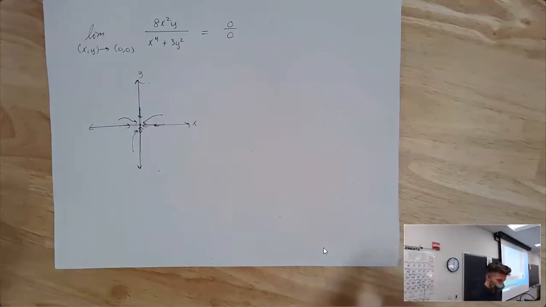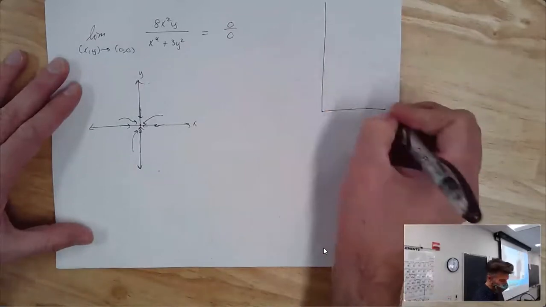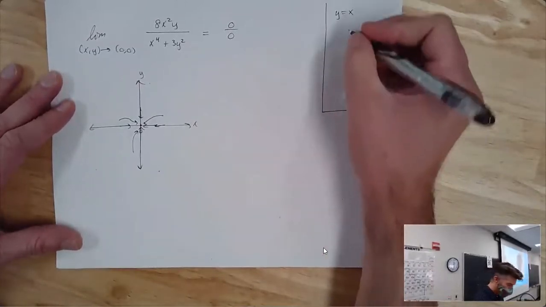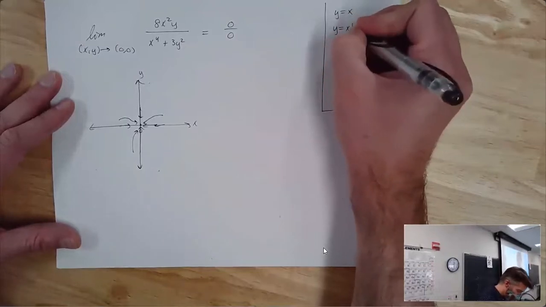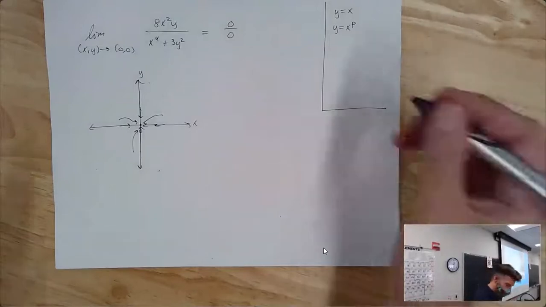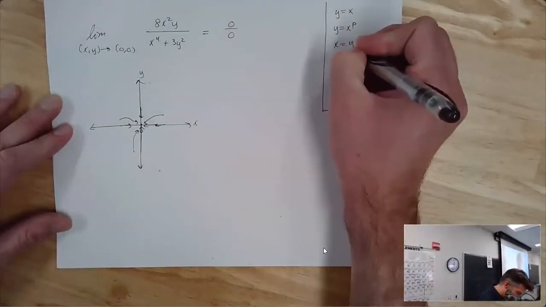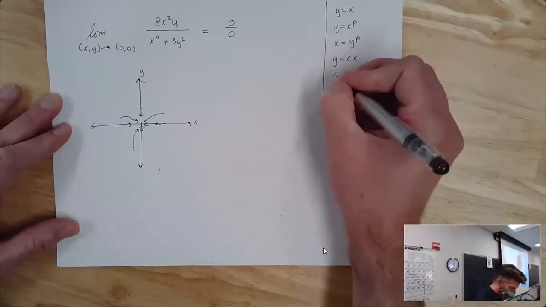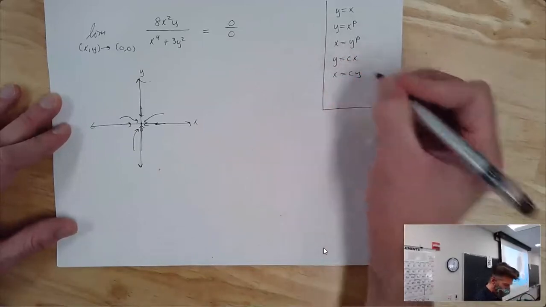So I will just remind you, here is a list of very common paths. Y equals x. Y equals x to some power, which I suppose is also y equals x, but they feel a little different. X equals y to some power. Y equals a multiple of x. X equals a multiple of y.